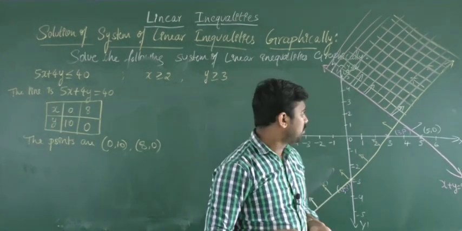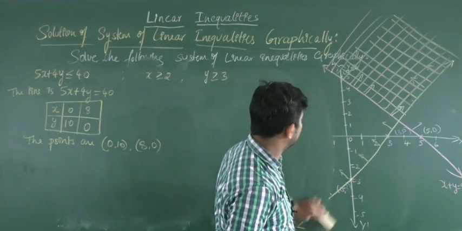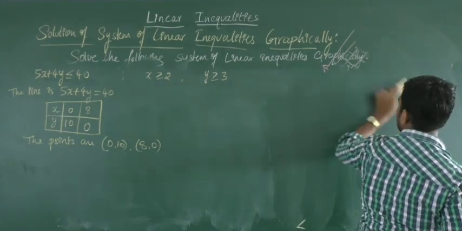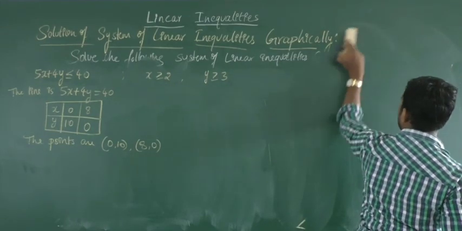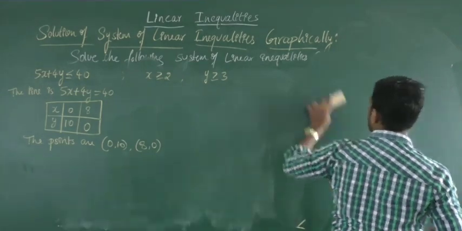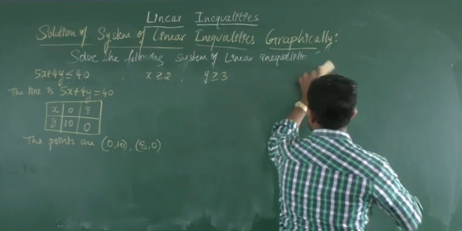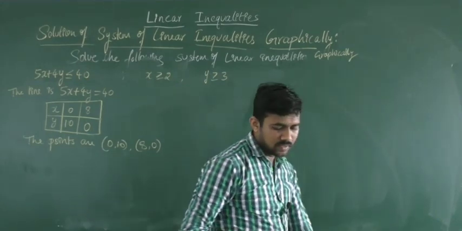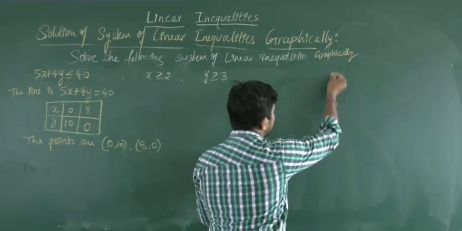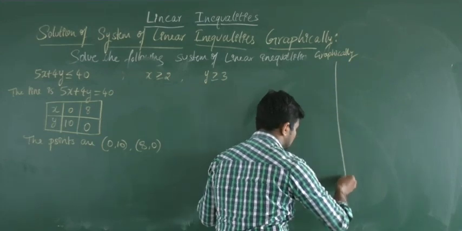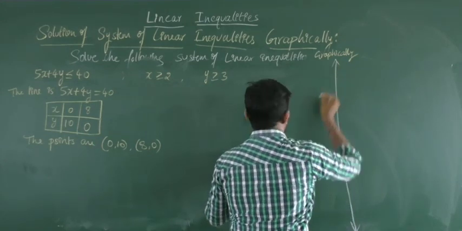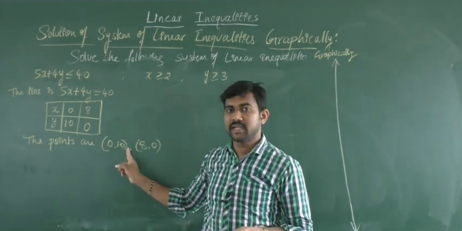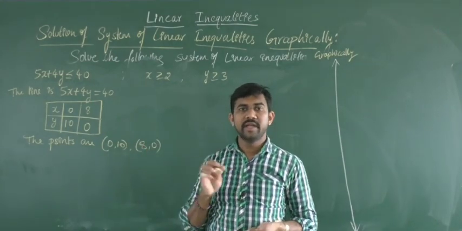Thus we need to mark them in the plane. So I'll consider the Cartesian plane. Here you need y is equal to 10, so at least 10 points on the y axis, and at least 8 points on the x axis.